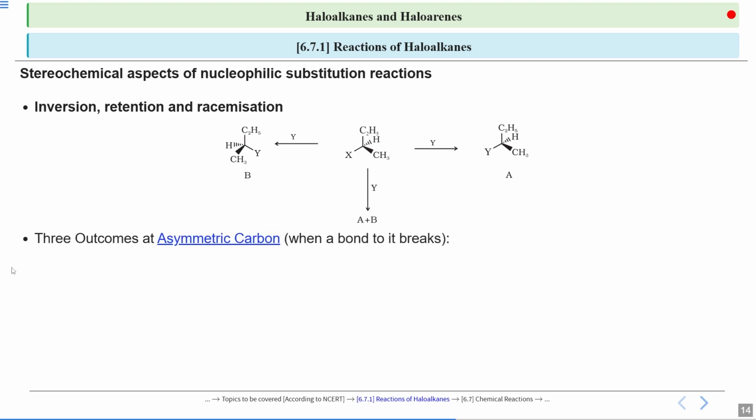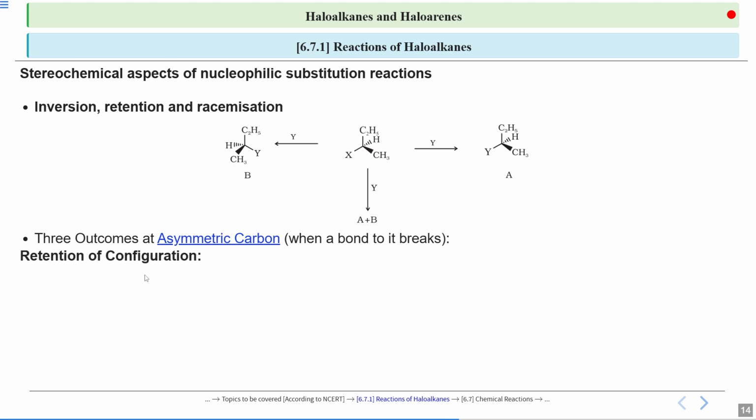What we want to understand is that three outcomes at an asymmetric carbon are possible when a bond to it breaks. When the bond at the asymmetric carbon breaks, three outcomes of this product can be possible.